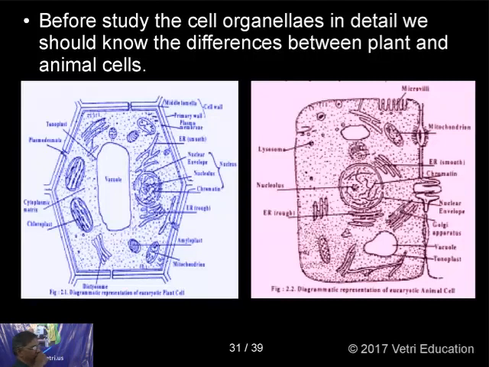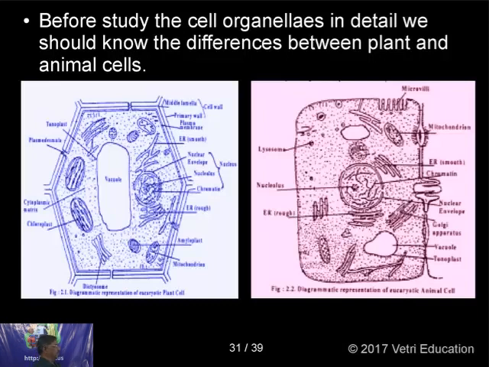So now you can see the diagrams regarding the plant and animal cells here, because simultaneously we should know the difference between plant and animal cells. Before studying the cell organelles in detail, we should know the differences between the plant and animal cells. The first one, the blue colored one, is a plant cell.